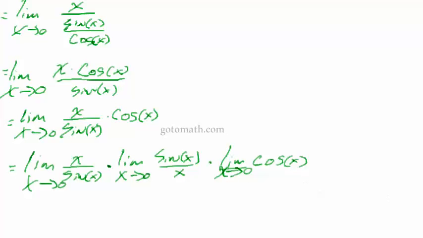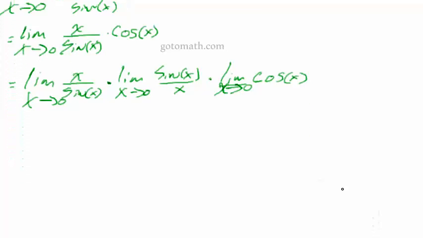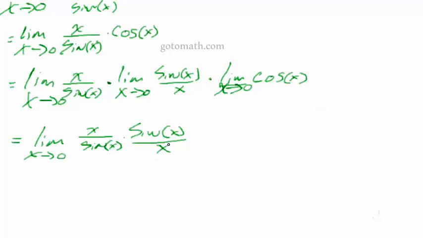Okay. So we can join these two together where we have the limit as x approaches 0 of x over sine x times sine x over x.